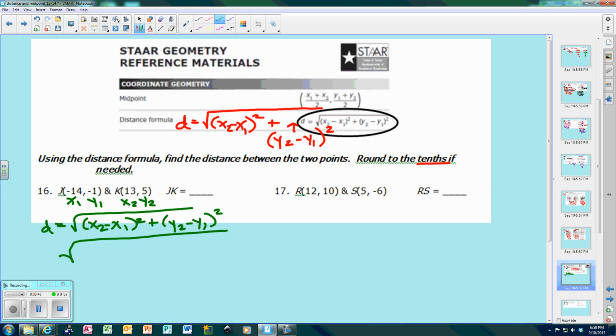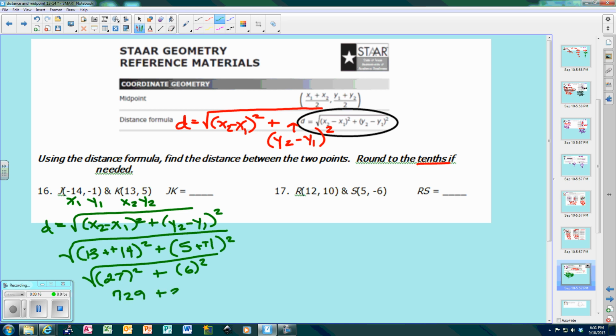So x2 is 13 minus x1 is negative 14 squared plus y2 is 5 minus y1 is negative 1 squared. 2 negatives make a positive, so this becomes 27 squared plus 2 negatives still make a positive, so this becomes 6 squared. 27 squared is 729. 6 squared is 36.